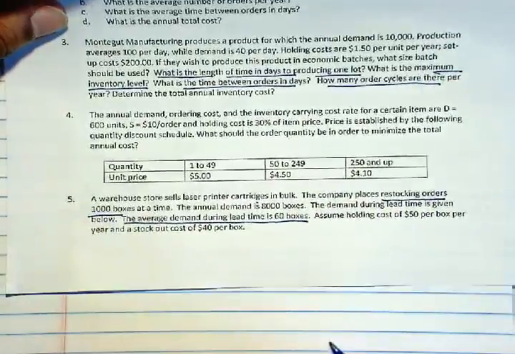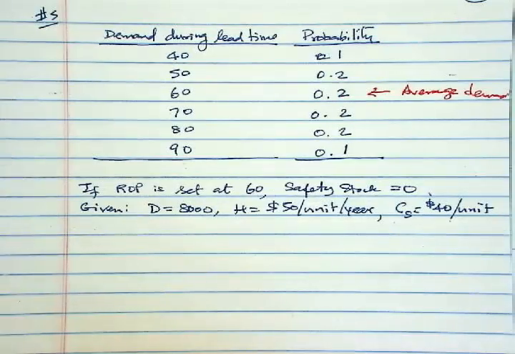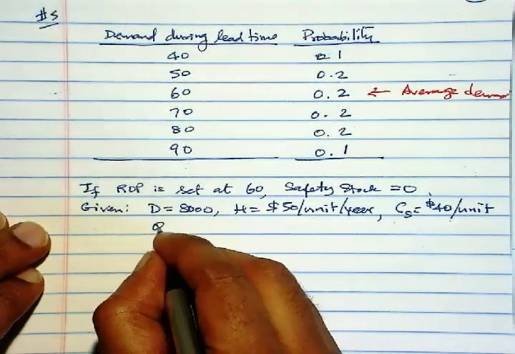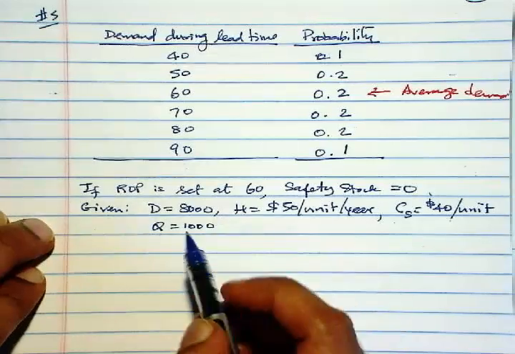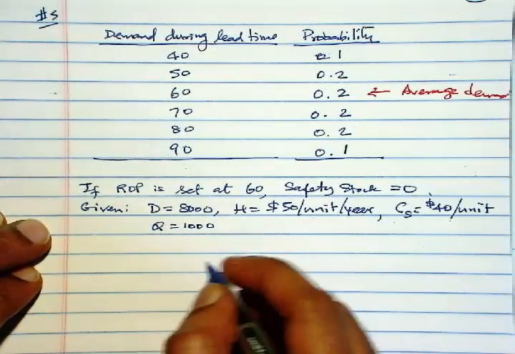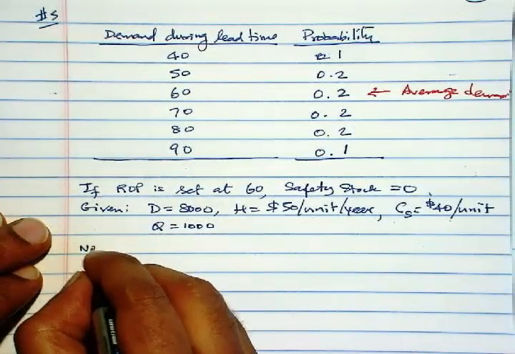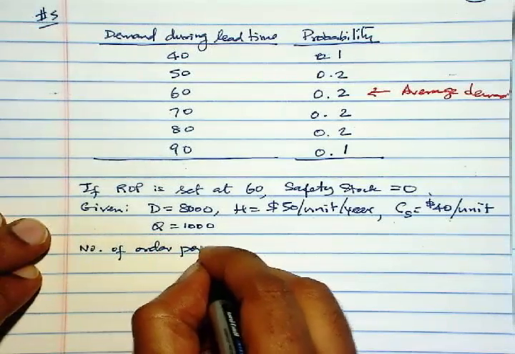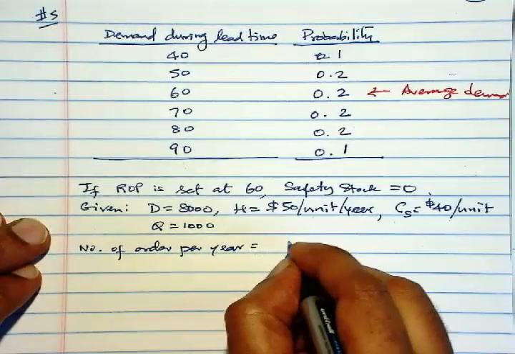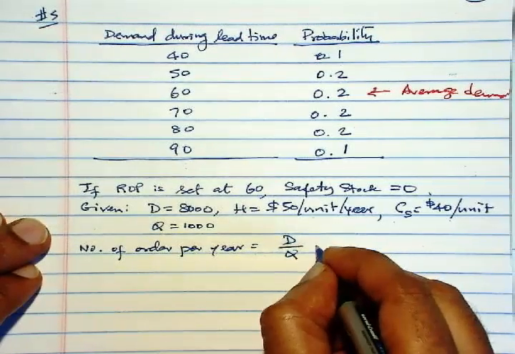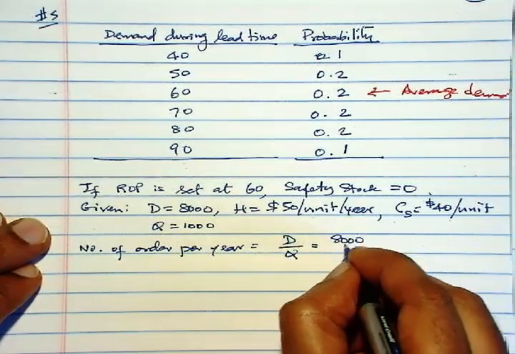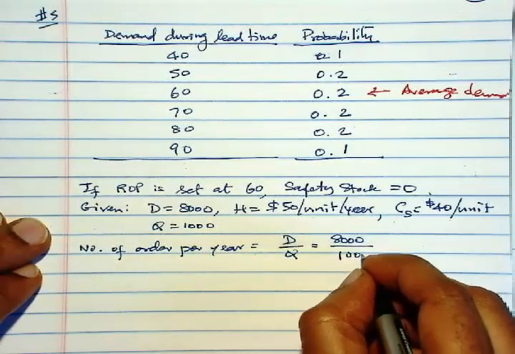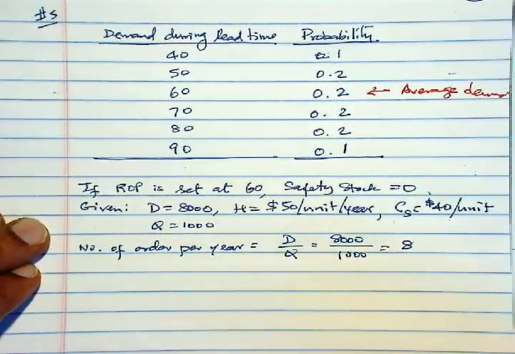So order quantity Q is 1,000. Okay. So from this we can figure out number of orders per year. It is D over Q, 8,000 divided by 1,000. So that is 8 orders per year.